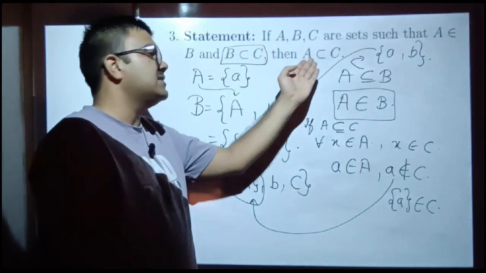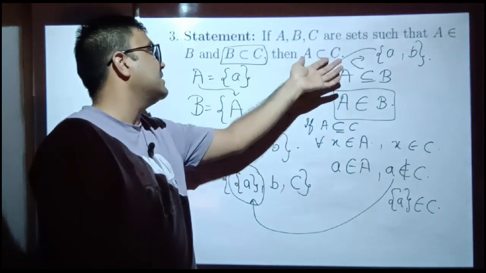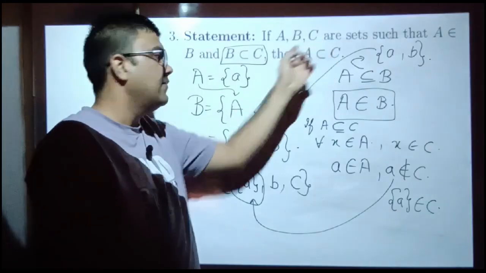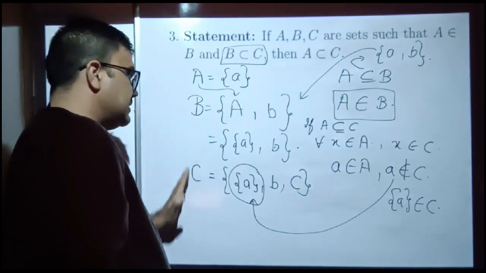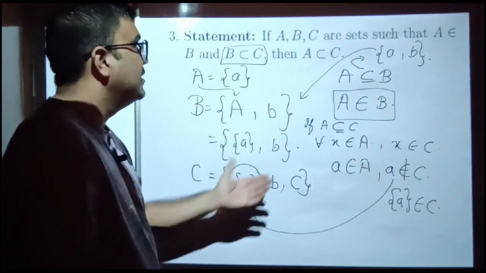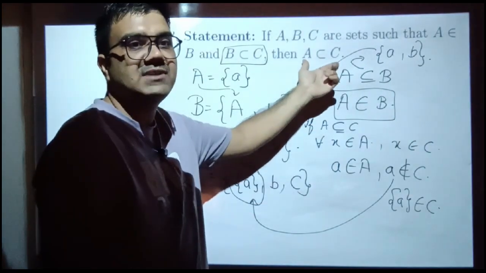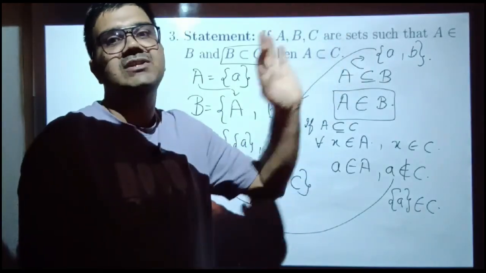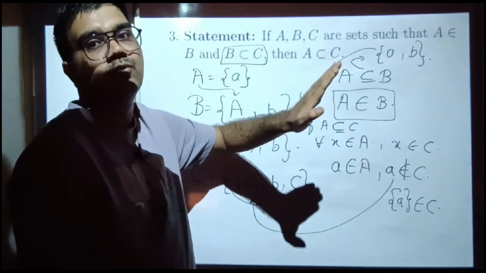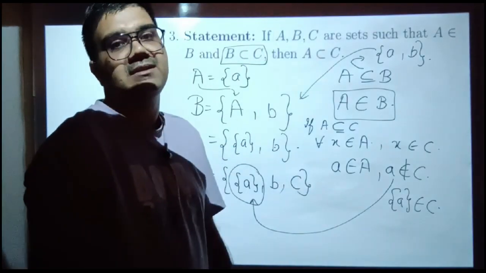To disprove this statement means that we are saying that it does not hold for all A, B, C. We have given an example, we have shown with this example that there exist A, B and C, three sets, for which A is not a subset of C. So this single example is sufficient to prove that this statement does not hold for every A, B, C.